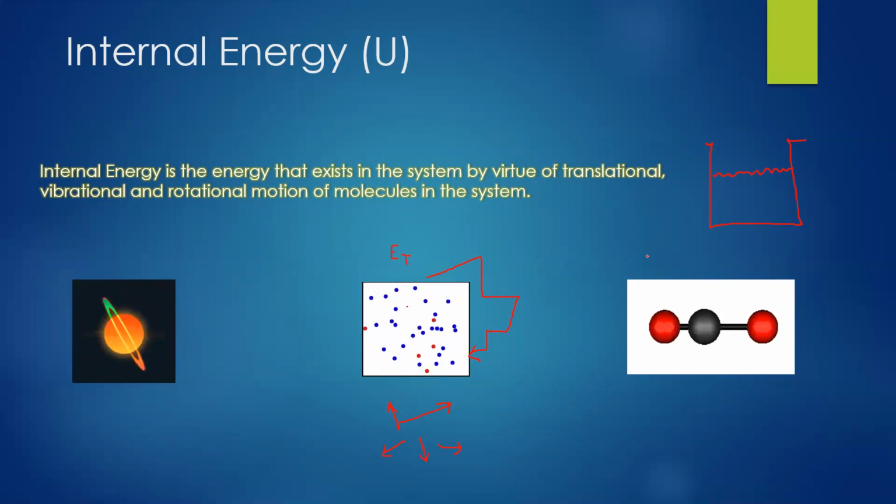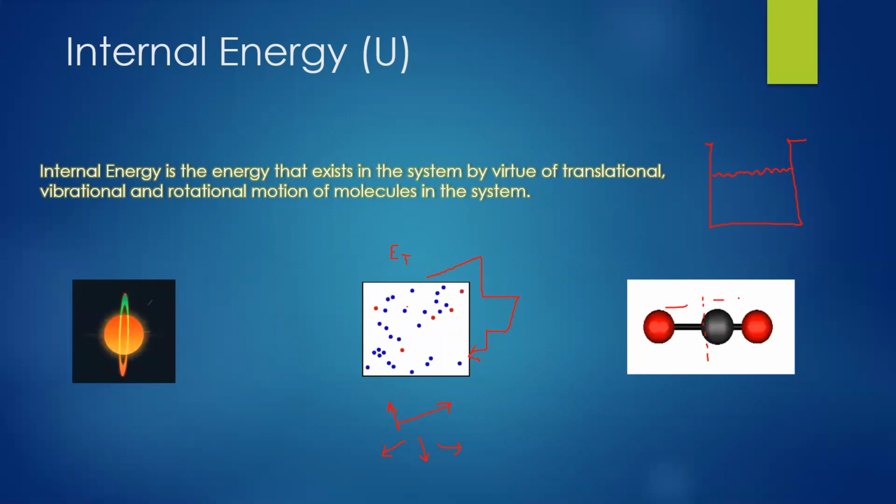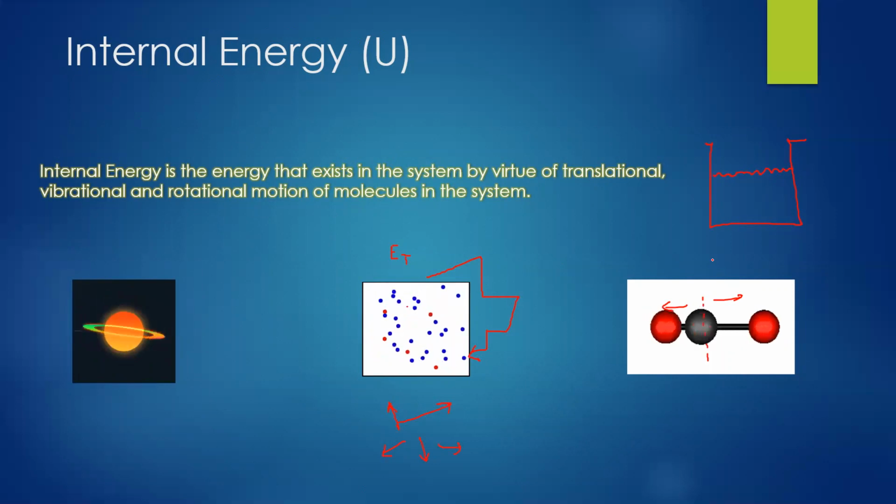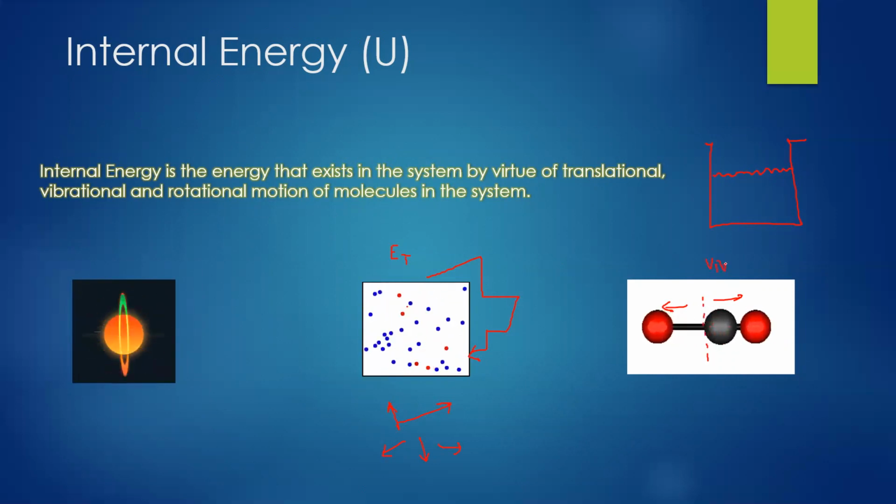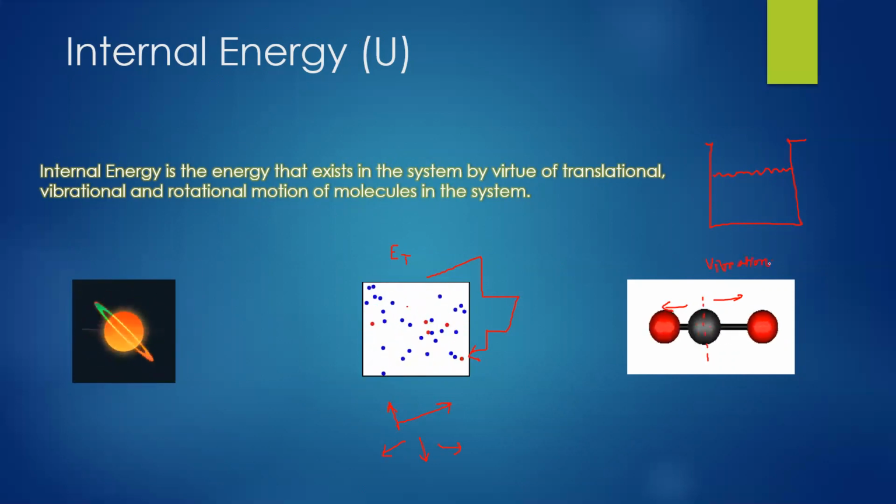ET is translational energy. Then over here, you can see this molecule is moving to and fro about its mean position. This kind of motion is known as oscillatory motion. And when these oscillations are very fast, this kind of motion is known as vibrational motion.